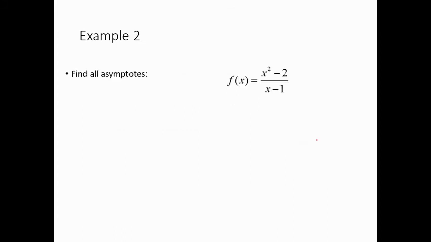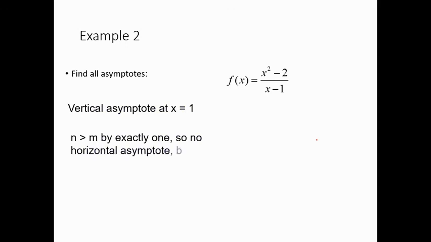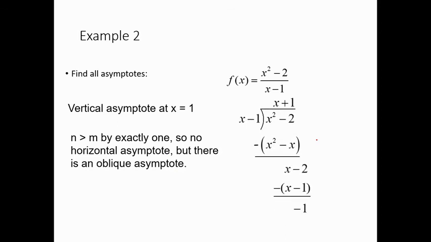All right, let's take a look at this example. Again, what is going to be our vertical asymptote? And again, we don't have a horizontal asymptote. Okay, so then we do our long division. Notice that we're going to get an x plus 1. Remember, there should be a 0 placeholder in here for the x position.